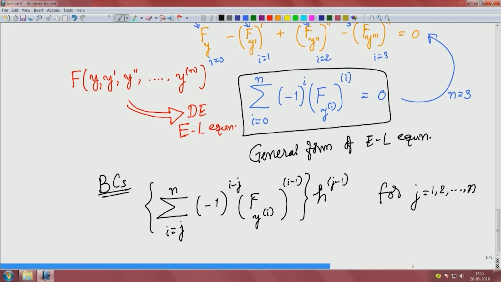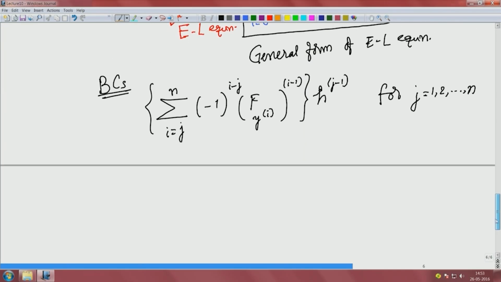So, j goes from 1 to n, meaning that if I have only y prime, that is n equal to 1, I will have only one boundary condition. If you recall, let us keep this, the boundary condition when n is equal to 1, meaning that my integrand was f(y, y prime), was ∂f/∂y' times h at either end, x1 and x2, equal to 0.